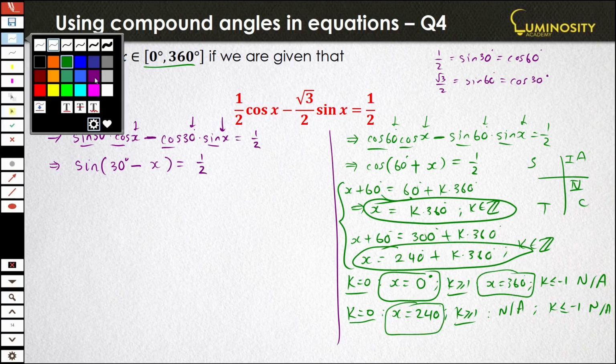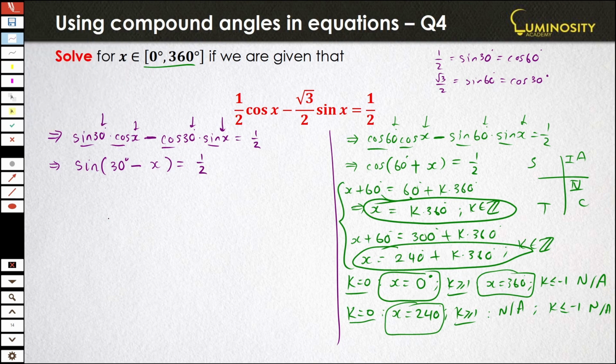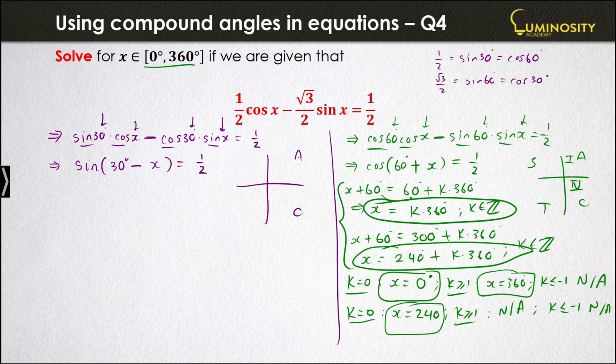Let's double check with the left-hand equation. Again, I need my diagram. Where is sine positive? In the first and second quadrants. So 30 degrees minus x must equal the reference angle: sine inverse of a half is 30 degrees, plus k times 360. That's the first quadrant solution. Solving for x, negative x equals 0 degrees plus k times 360 degrees.